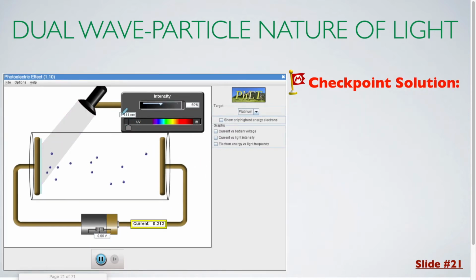By moving this to the left, here you can see that we changed it to 144 nanometers. I now have a stream of electrons going from one side to the next, and I have a measurable current which is showing up here on the bottom. So changing intensity would have no effect.